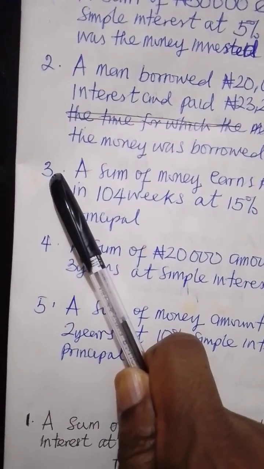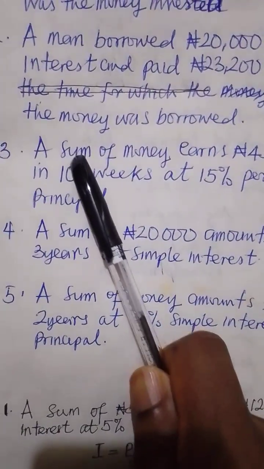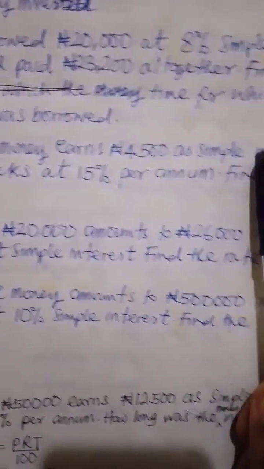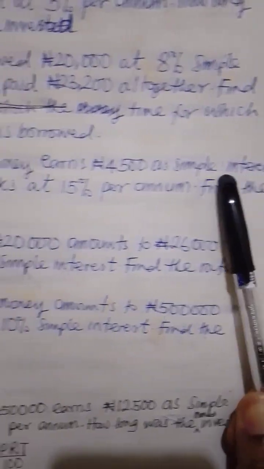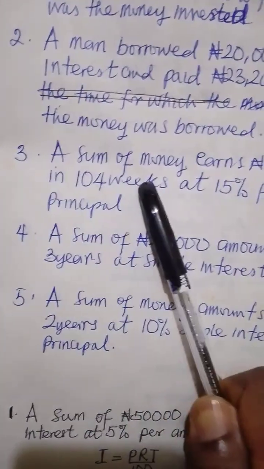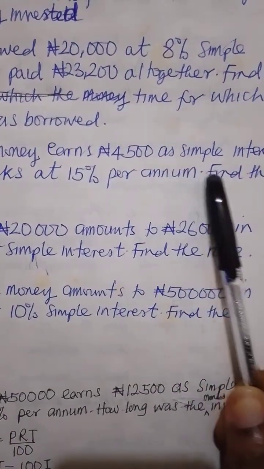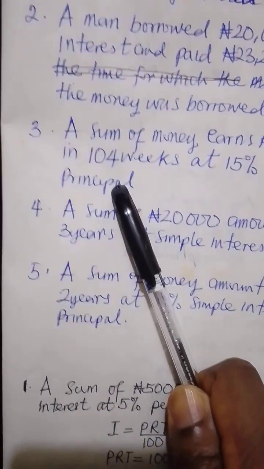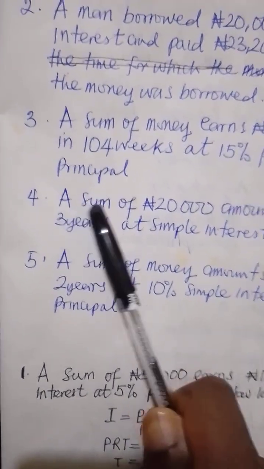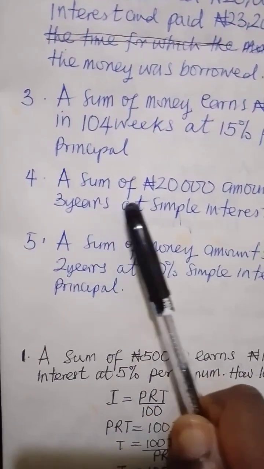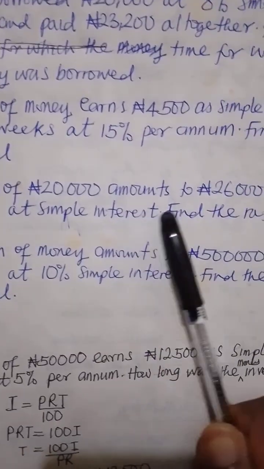Question 3. A sum of money earns 4,500 as simple interest in 104 weeks at 5% per annum. Find the principal. Question 4. A sum of 20,000 amounts to 26,000 in 3 years at simple interest.